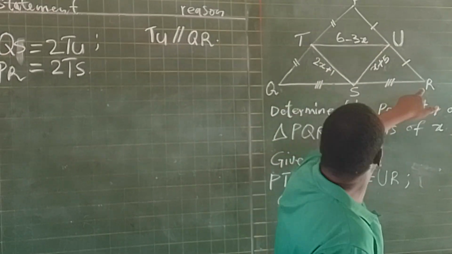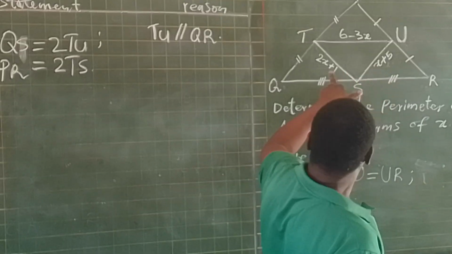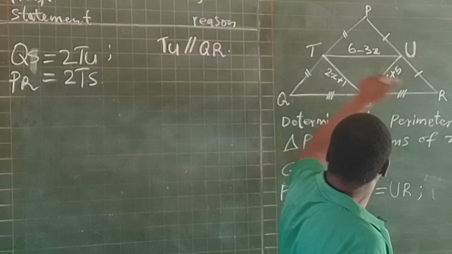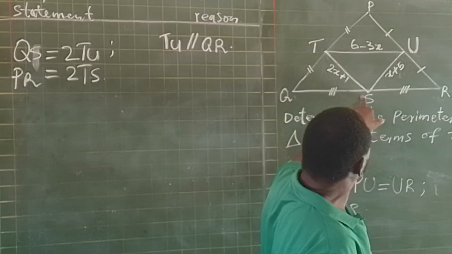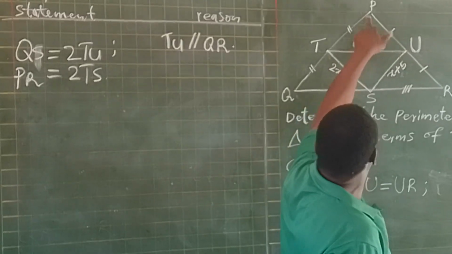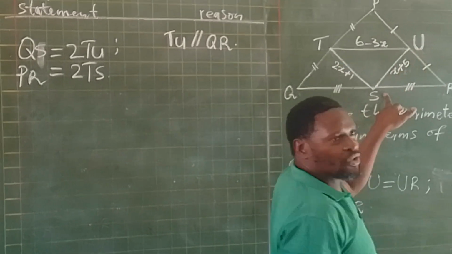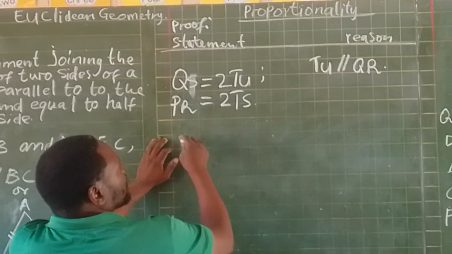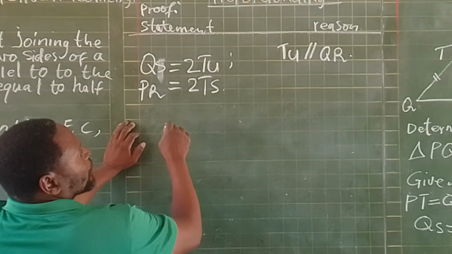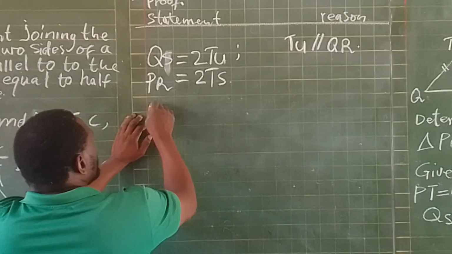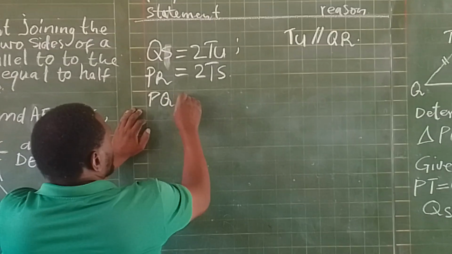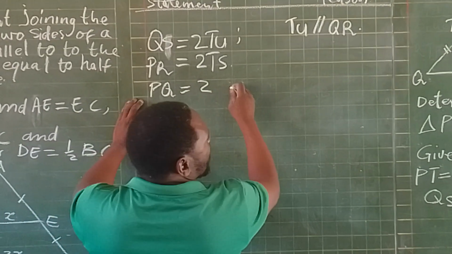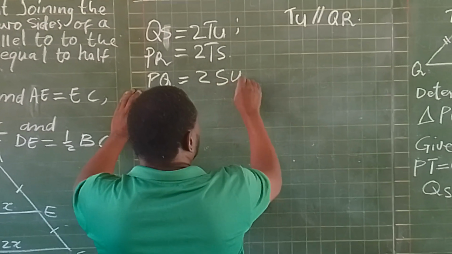We said QR is twice TU. Now PR is twice TS, and PQ is twice SU.